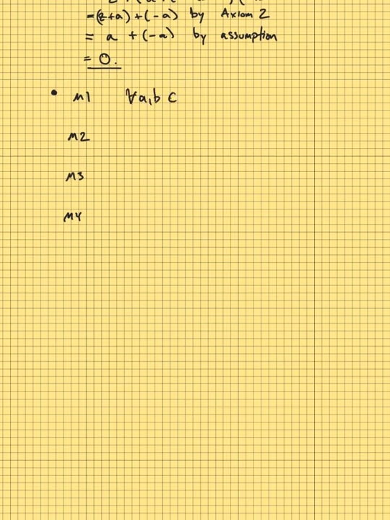So for every a, b, a times b is b times a. We have associativity. So for every a, b, c, oh sorry, that should be in R, not A. In R, a times b times c is a times b times c.